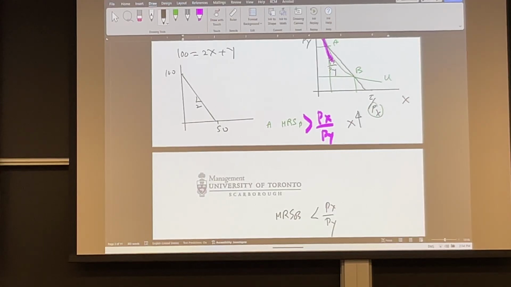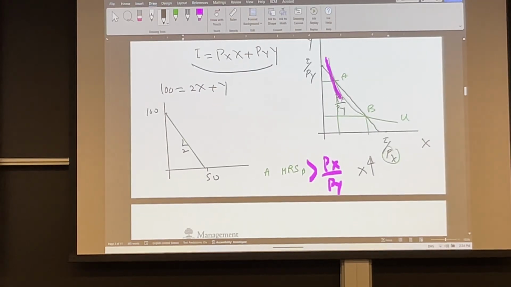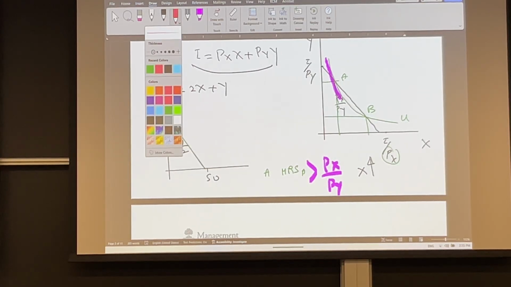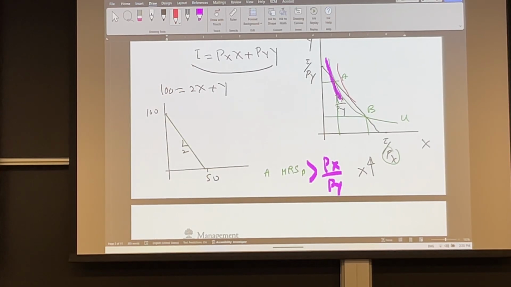If you want to optimize, you should move up all the way to point C. At point C, the MRS is equal to the price. The benefit you get from the last unit consumed and the cost of it are the same. No incentive to move.